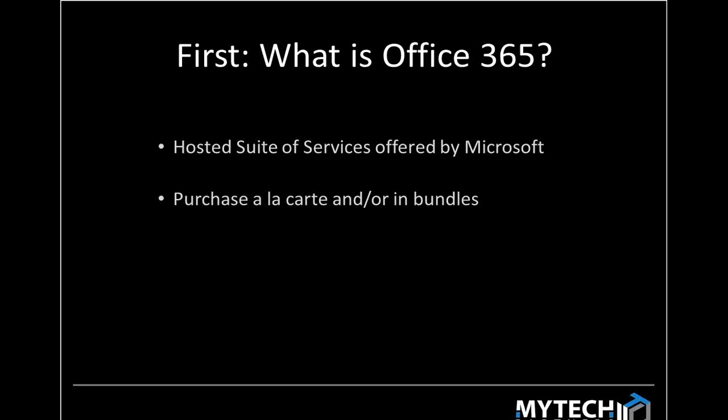You start out with just a basic hosted email box, and you can move on up to getting email and SharePoint Online and Lync Online, and even in the higher ones, some phone support from a PBX standpoint of hosting your phone, which we're not going to really dig into today, but the step right below that is giving you a full Microsoft Office Professional Plus licensing per individual user.